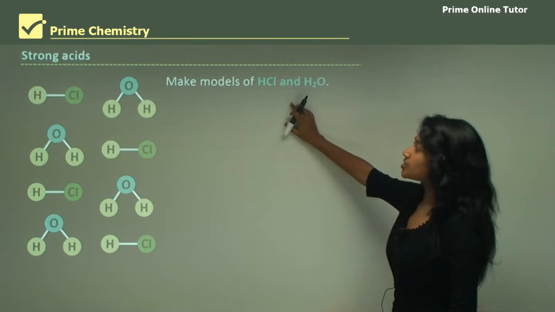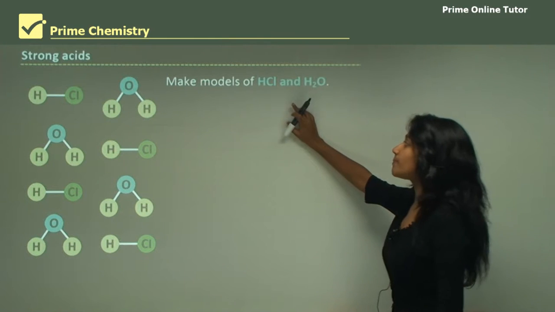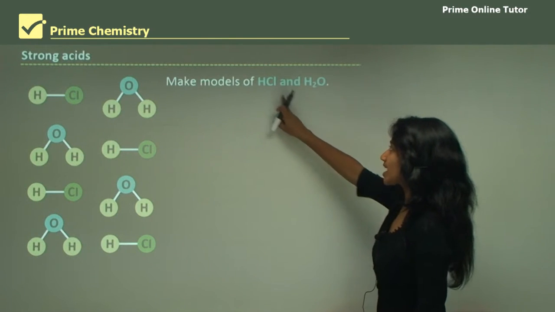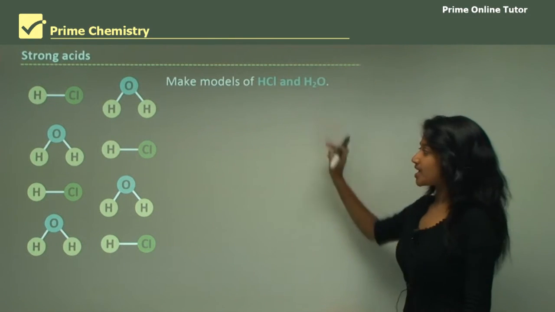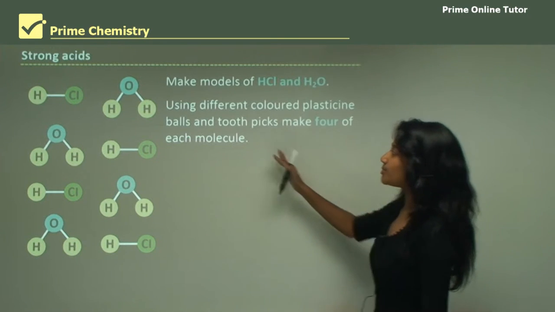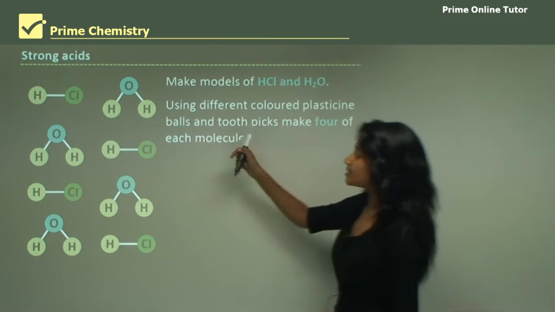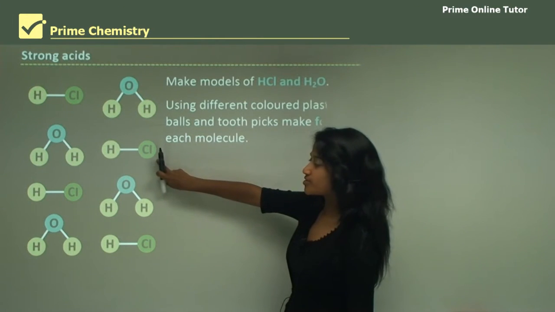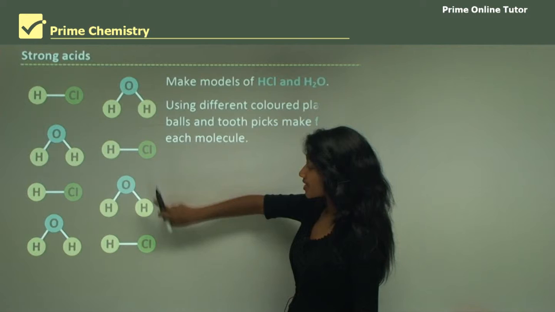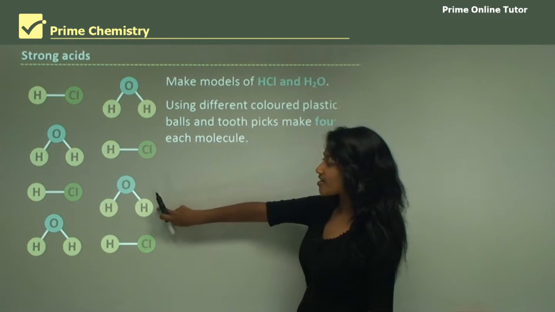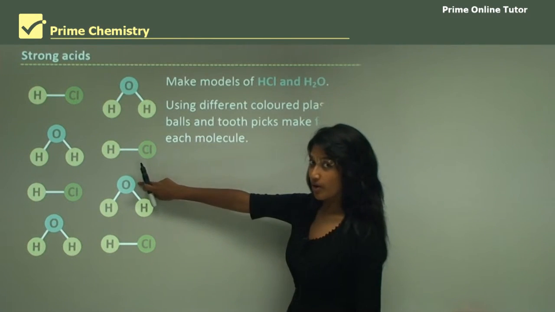In this experiment, you will be making models of both hydrochloric acid as well as water. To start off, you'll be using different colored plasticine balls. As you can see here, I have used green for chlorine, yellow for hydrogen, and blue for oxygen.